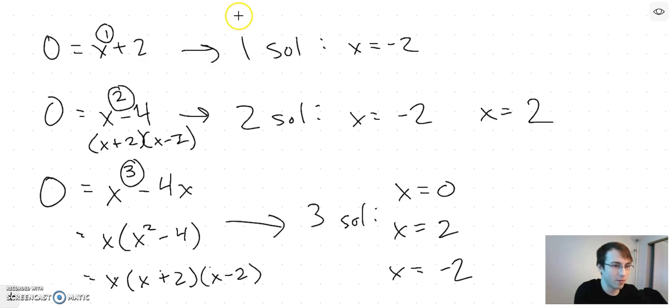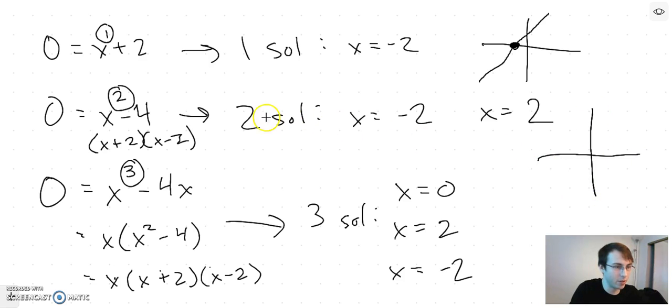If you have just one solution, that means you only cross at 1 point. So you can only go something like this. You can't come back around and cross the x-axis again. You're just steadily increasing.